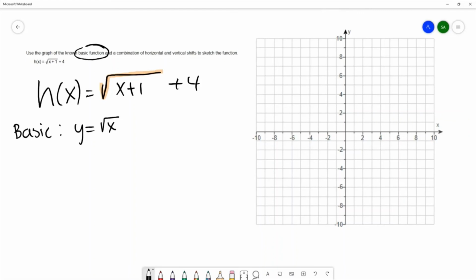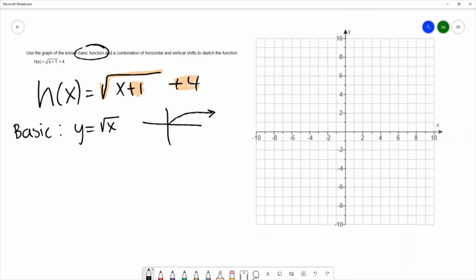The graph of that basic function is half of a sideways parabola, the top half of a sideways parabola. I can also see that we have some transformations within our function. We have a plus 1 and a plus 4. And we want to think about what those transformations are.